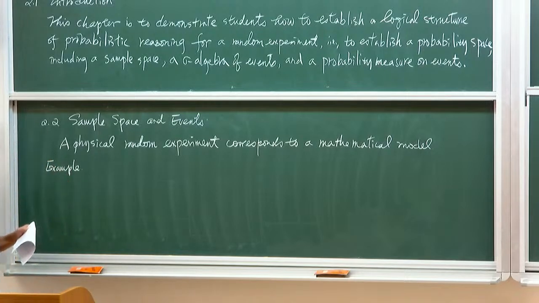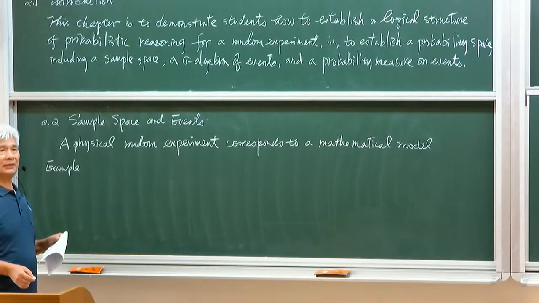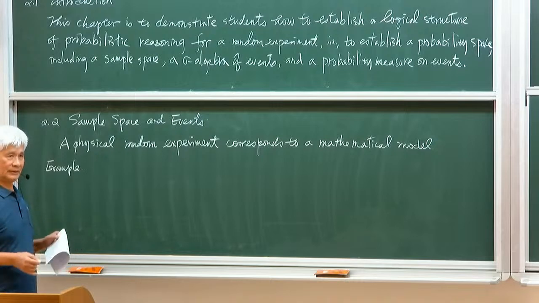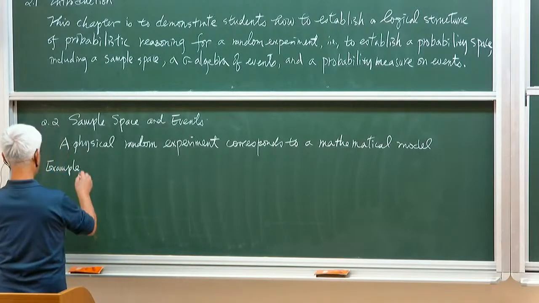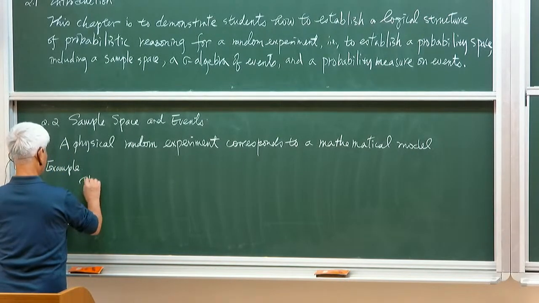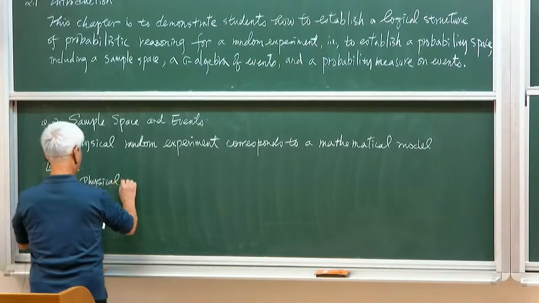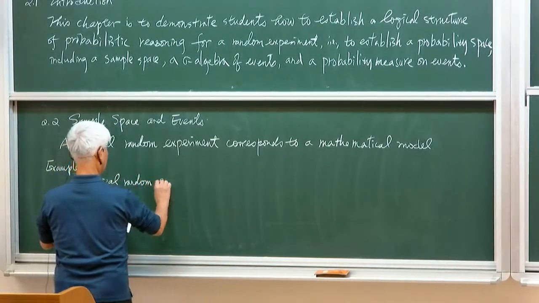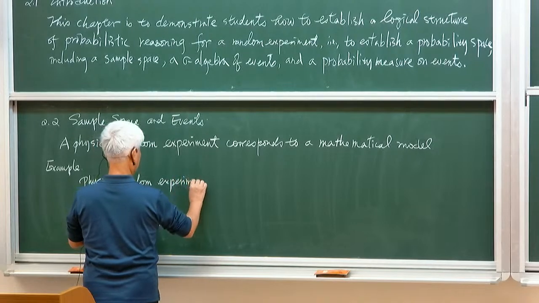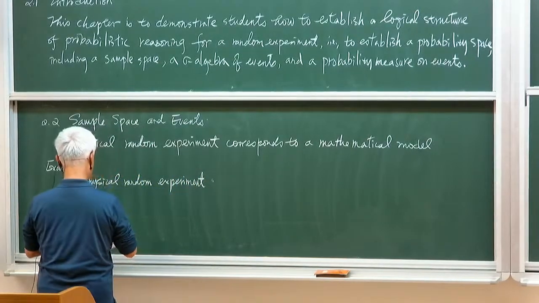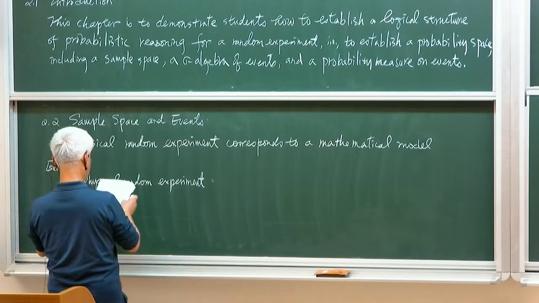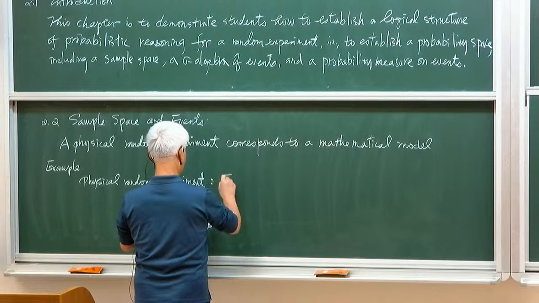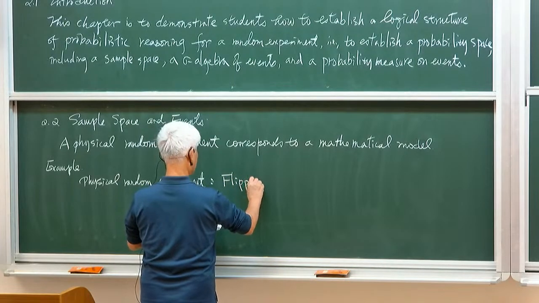There are quite a few examples in the textbook, so I recommend you read through it. In the classroom, I would like to raise two examples of different characteristics. The first one, let me address that. The physical random experiment here is about flipping two coins.